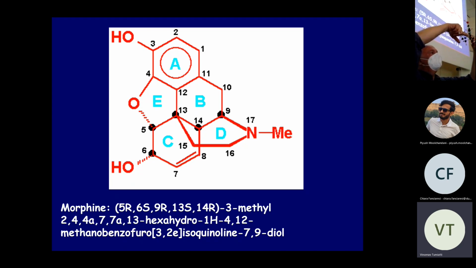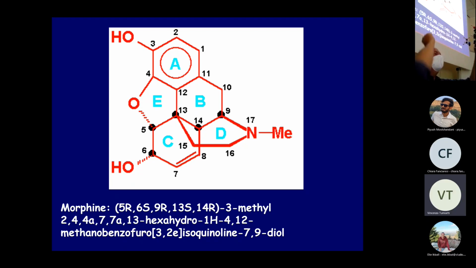Ring B, ring C, ring D, ring E. You see the tridimensional structure of morphine. Ring C is in your direction. Ring D is under the plane formed by A, B, E.